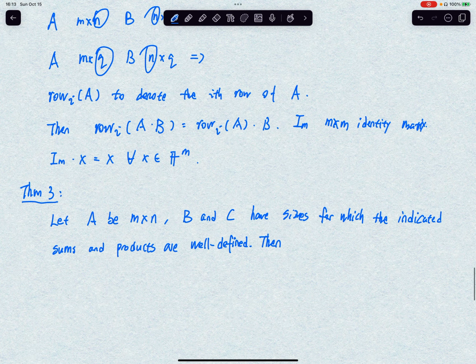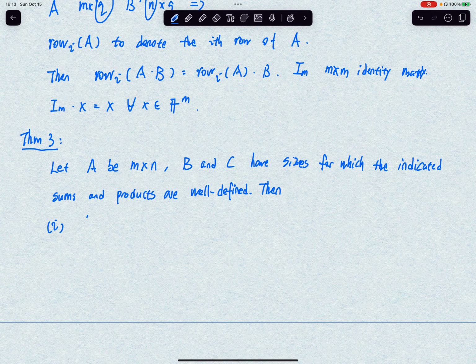Then we have, firstly, A(BC) equals (AB)C. So that is associative.